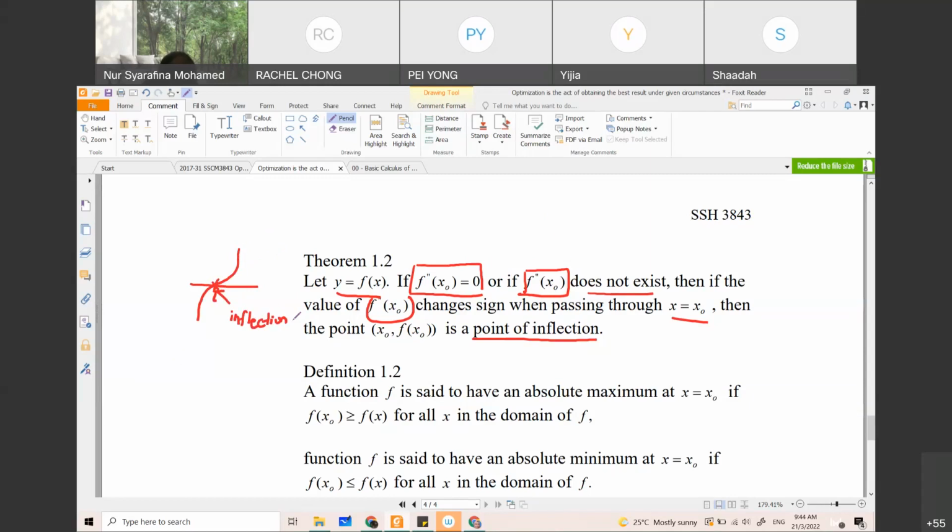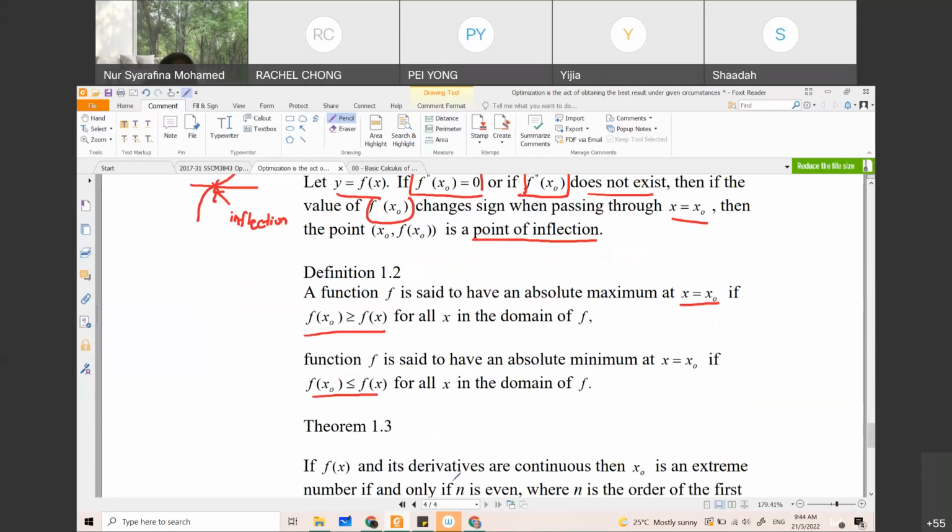Clear, doctor. So a function f is said to have an absolute maximum. Okay, this is for absolute, global. A function f is said to have an absolute maximum at x naught if f(x naught) is greater than or equal to f(x) for all x in the domain of f, and a function f is said to have an absolute minimum at x naught if f(x naught) is less than or equal to f(x).